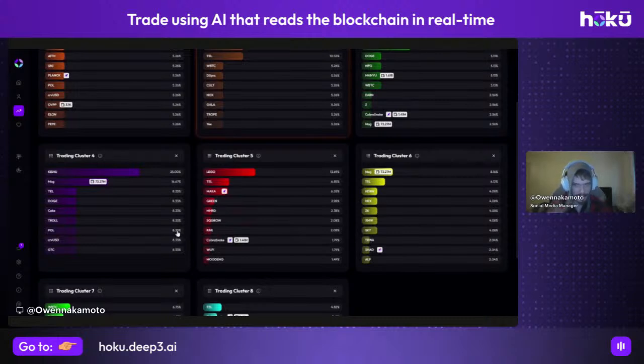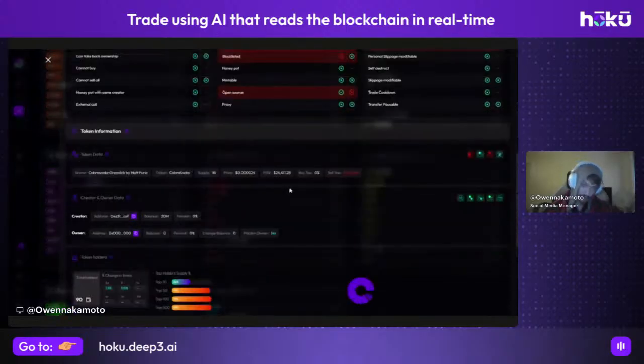It might have existed for a long time, but as far as Hoku's concerned, this is the first time it's seen it. So when you see that, it's good to take a look at those, because this one is just a fresh market cap coin that was just launched. It's super, super small. Like I'm taking my profits here. I made 37% very quickly.